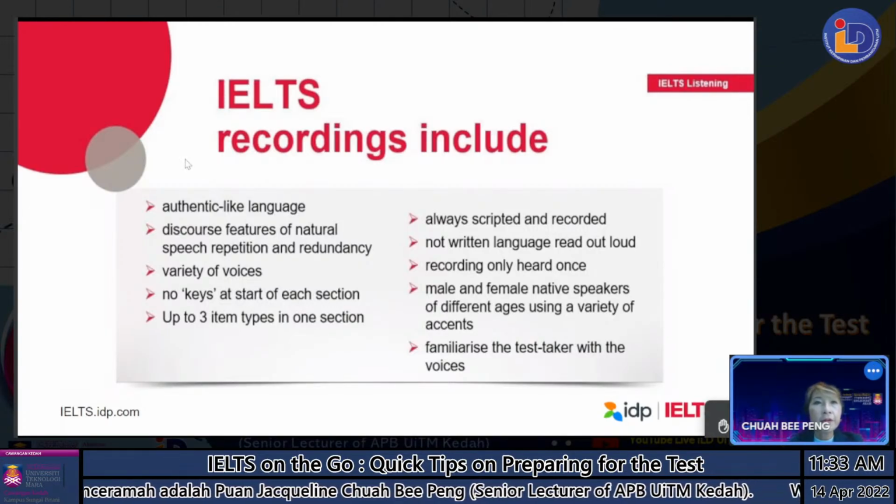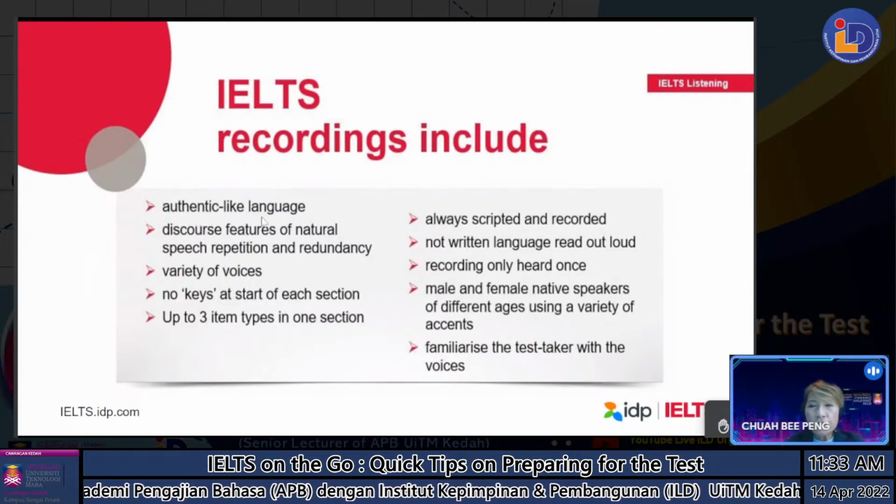And then IELTS recordings. What do you expect to listen to? The audio recordings use authentic language, very authentic materials, very authentic recordings, with discourse features of natural speech, such as repetition and redundancy.